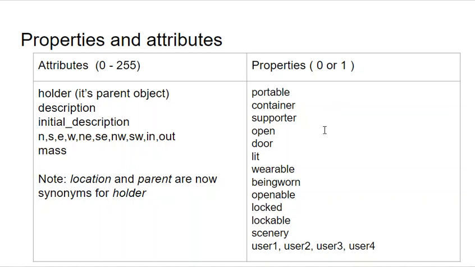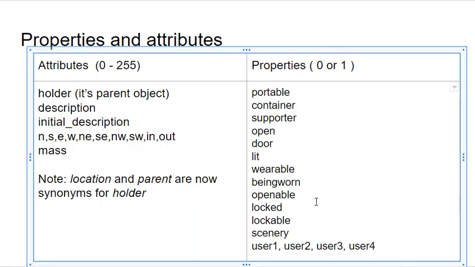Is it open? Is it a door that leads to another room? Is it lit or emitting light? So if you can see in a room, then its lit property would be on. Is it something you can wear? Is it something that you're currently wearing? Is it something that can be opened? Is it something that can be locked? Or is it locked?